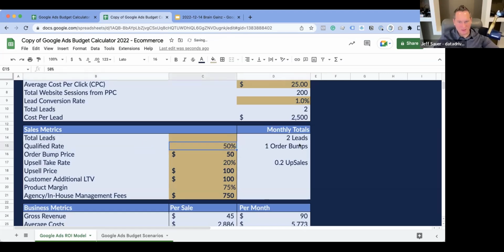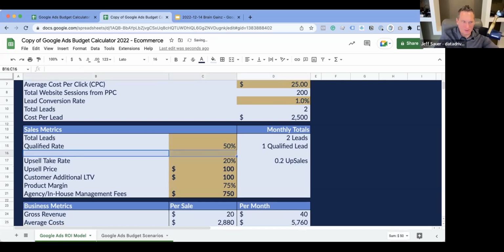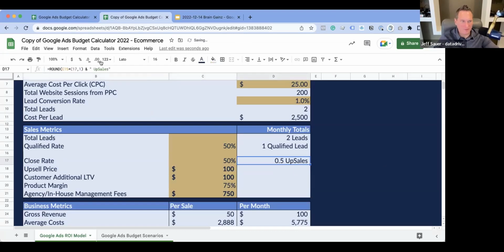With 2, it's really hard, but that'd be 1 qualified lead. But this can work. So we'll get rid of this one, and then we're going to say close rate. So qualified rate is 50%, close rate, let's just call it 50%. So you close half your leads. That means that we get 0.5 sales. So in a month, you're going to get a half of one, maybe not even a full one.